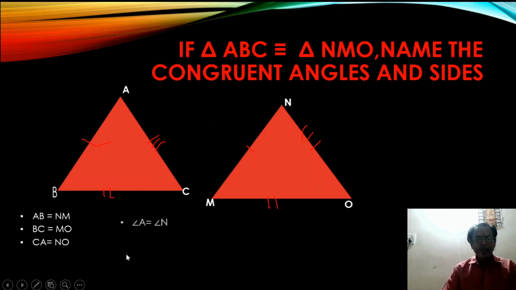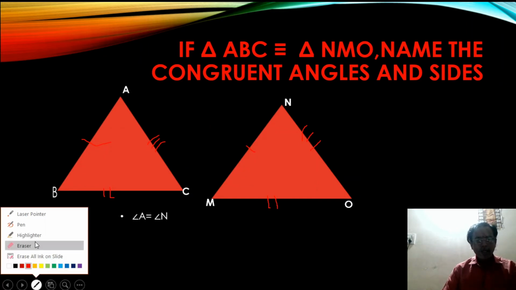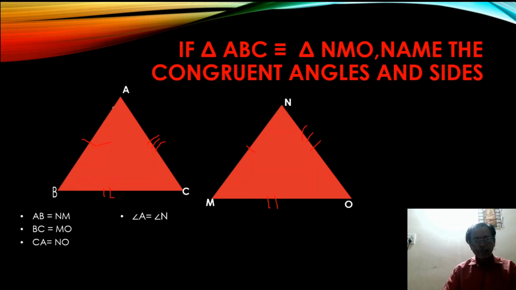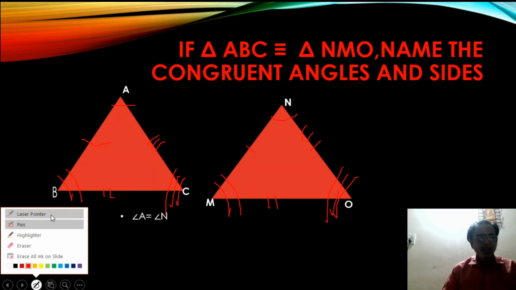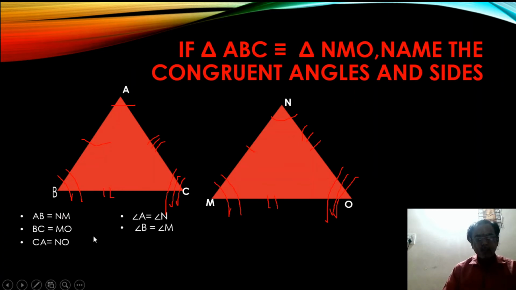So in the similar way, the angles also. Angle A is equal to angle N. Angle B is equal to angle M. And angle C is equal to angle O. Okay, so in this way we can write their corresponding components, corresponding sides and corresponding angles.